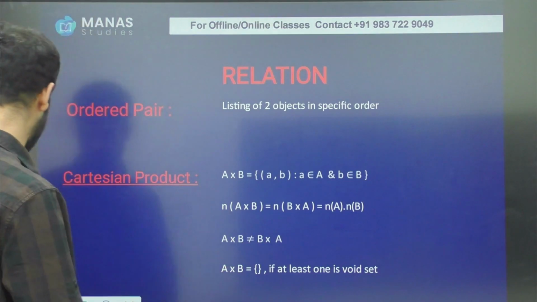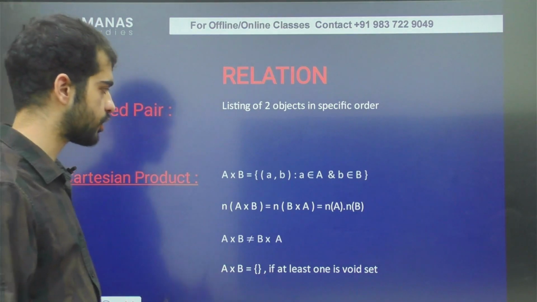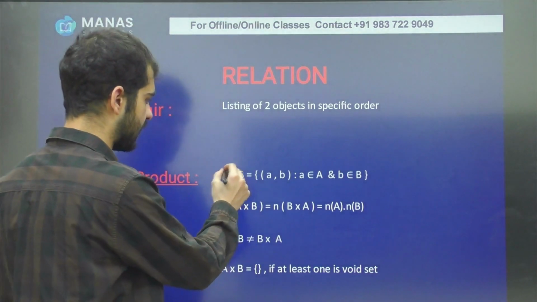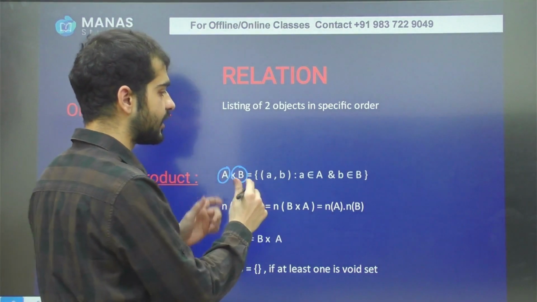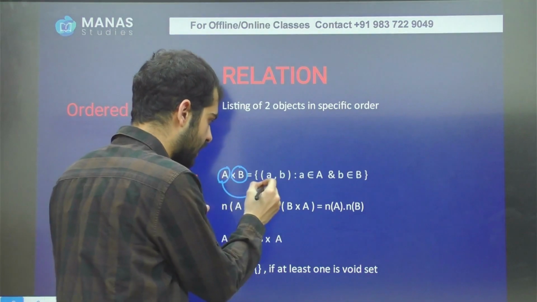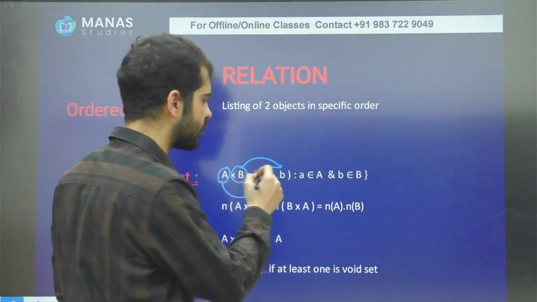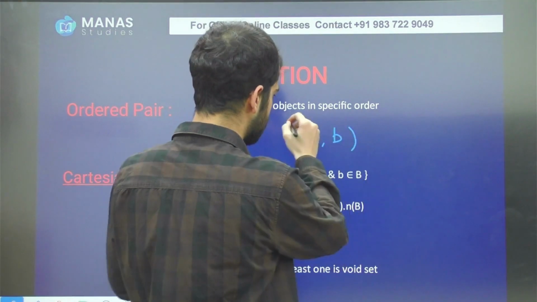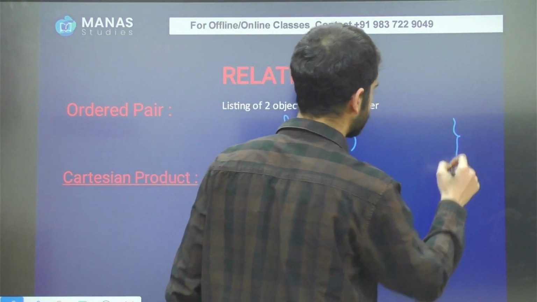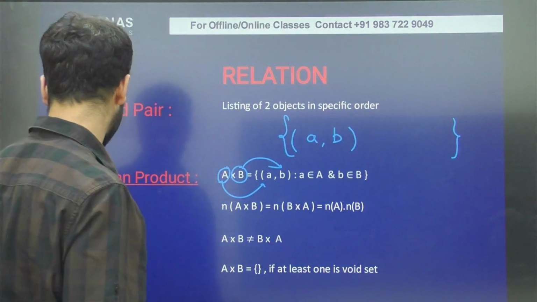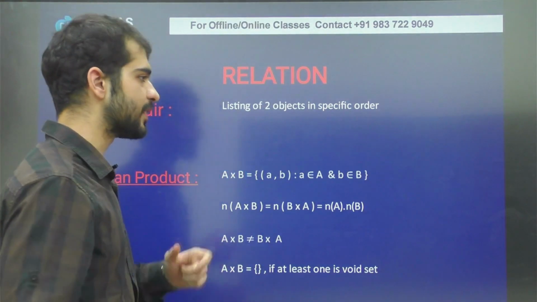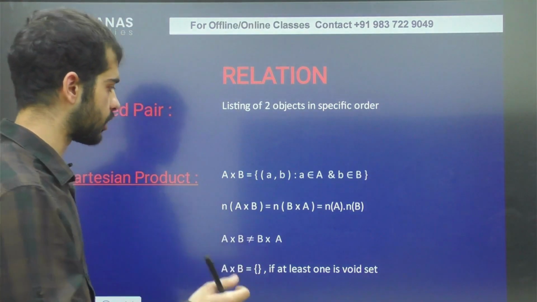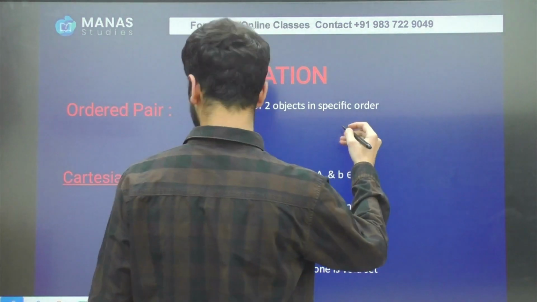Now let's take a step forward to Cartesian product. Now what is Cartesian product? If I have a set A and another set B, then the elements, one from set A and one from set B, will be written together in the form of an ordered pair. This set of all such ordered pairs is known as the Cartesian product of the two sets. Now if we talk about the number of elements in the Cartesian product, let's take an example.